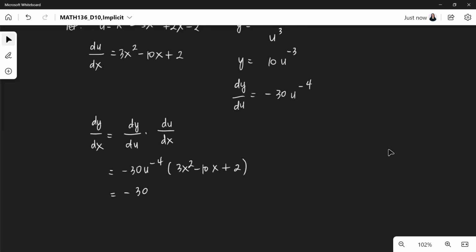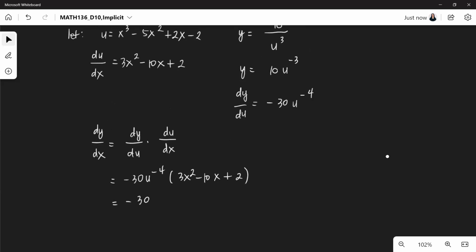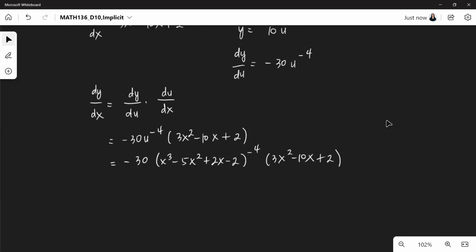So u is x cubed minus 5x squared plus 2x minus 2 quantity raised to negative 4 and then multiplied by 3x squared minus 10x plus 2. So you can have this as your final answer.